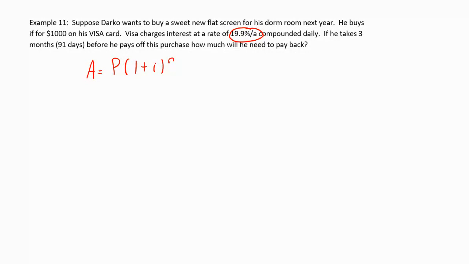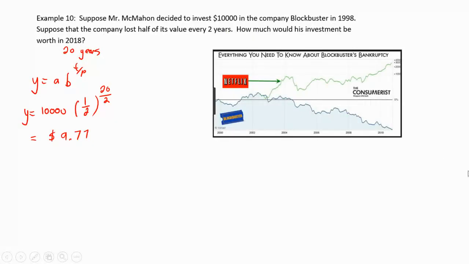In this case, it takes 3 months before he pays off his Visa card. So this is really just an application of our exponential growth formula. Our principal is 1,000. 1 plus 0.199, which is 19.9%, but we're going to divide this by 365 because it's compounded daily, and there's 365 days per year.